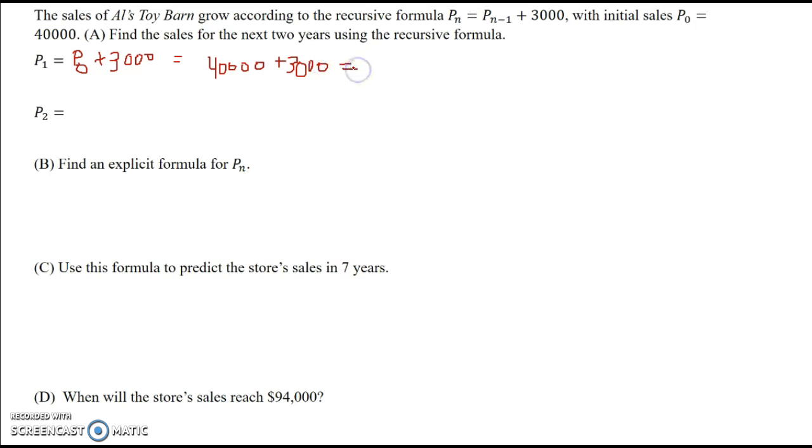So that's actually 43,000. All right, now P sub 2 is going to be 43,000, or P sub 1, plus 3,000. And that's 46,000.